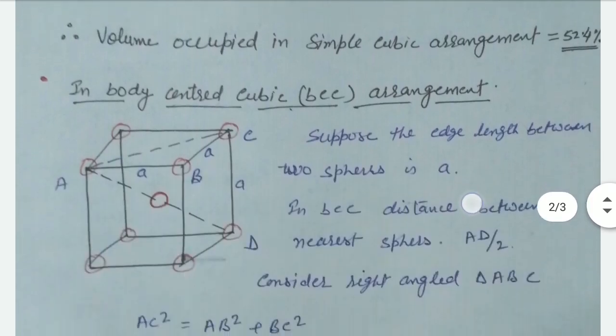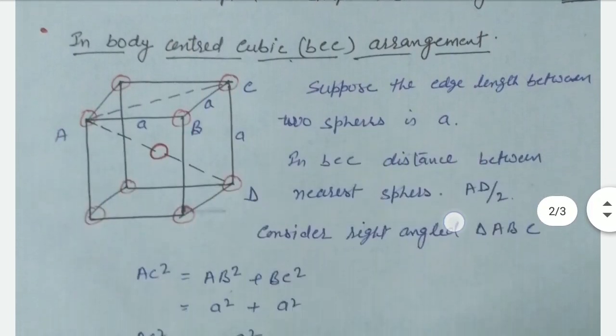Now we can calculate the packing efficiency of BCC. BCC has 8 spheres at the corners and 1 sphere at the center of the cube. In the figure there are A and D. Between A and D, 1 sphere is present at the center of the cube. The edge length is a.